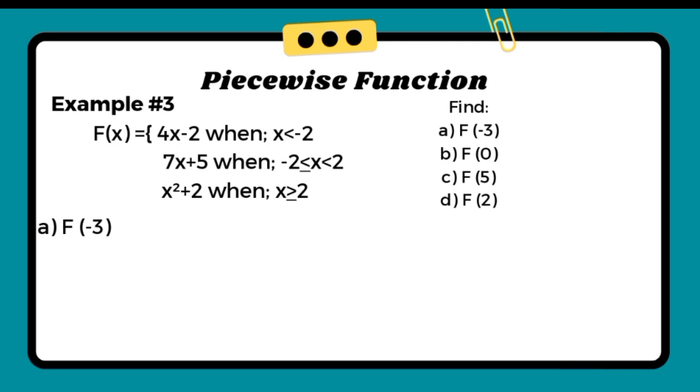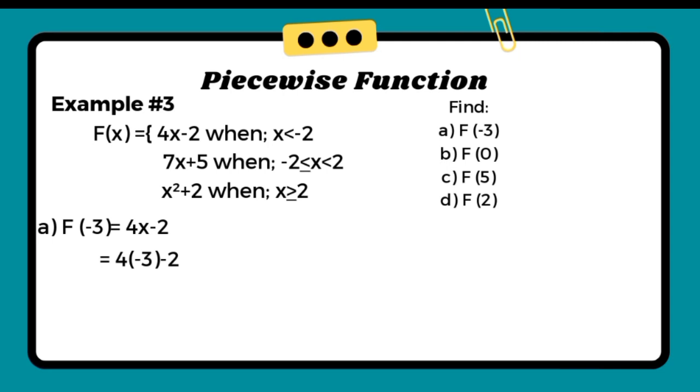Kasi sinasabi natin mas less than siya sa negative 2. So, isusulat po natin siya dyan. Pipiliin po natin yung 4x minus 2 kasi dyan po siya nabibilang. Ayan. So, substitute lang po natin yung value of x, ilalagay natin yung negative 3 doon po sa x.